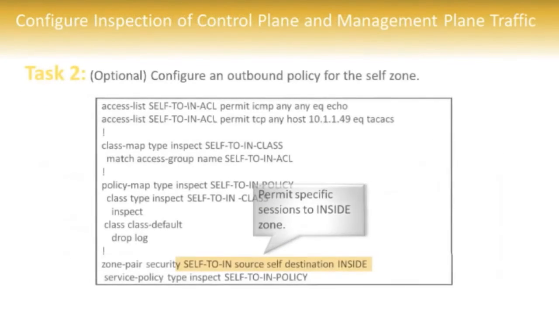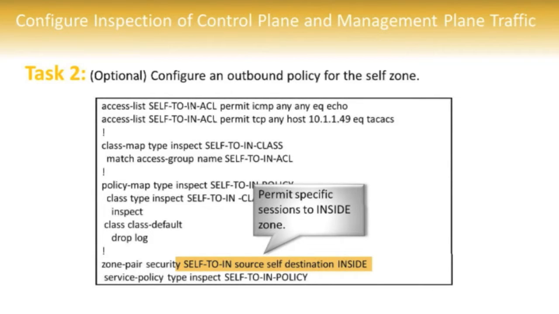Now, finally, we need an outbound policy for the self zone per our requirements. We said the self zone, the router, needed to be able to do ping out. So here's our definition of ping out traffic. We said it needed to be able to contact a TACACS+ server.